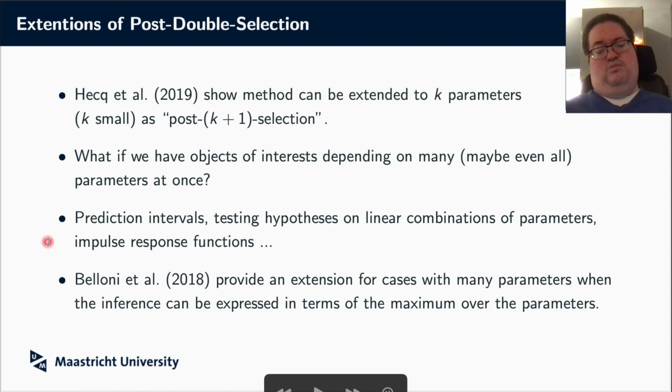That is, of course, complicated, and there's not really a solution to that. The exception is if you can express your tests or your inference on the many parameters as something talking about the maximum over all these parameters, or the maximum over the absolute value of these parameters. Then you can do it, and that is covered in this paper by Belloni et al.